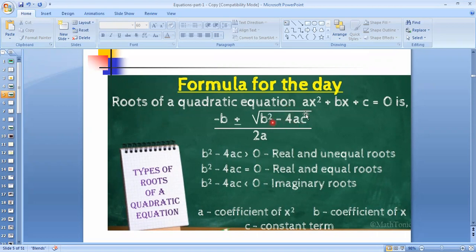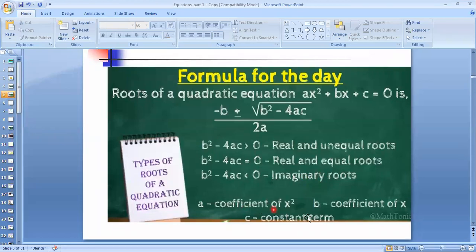If it is negative, that means the discriminant is negative, then the roots are complex or imaginary. Here a is the coefficient of x square, b is the coefficient of x, and c is the constant term. Remember this, b square minus 4ac is the discriminant.